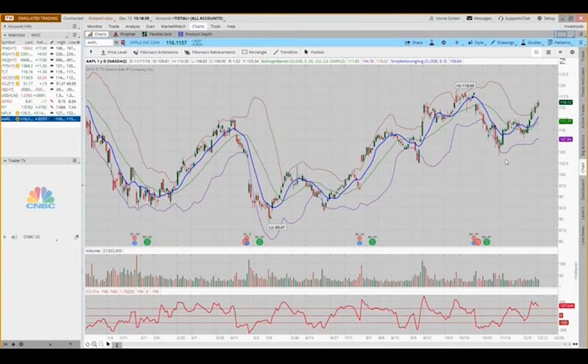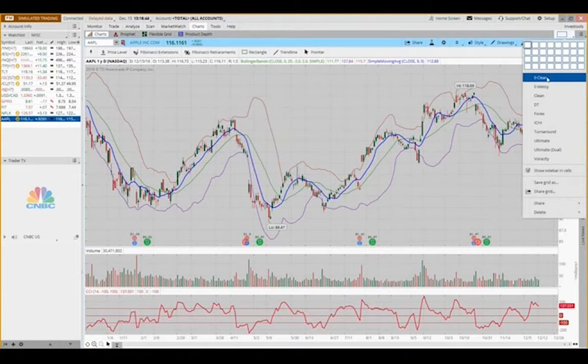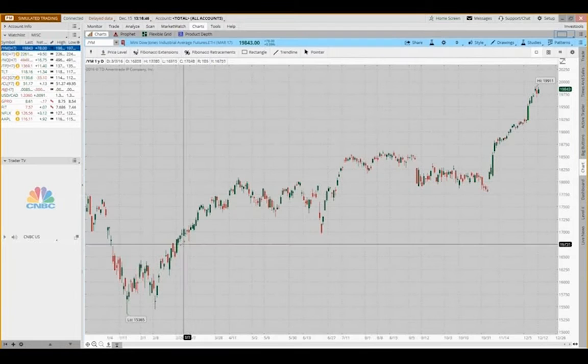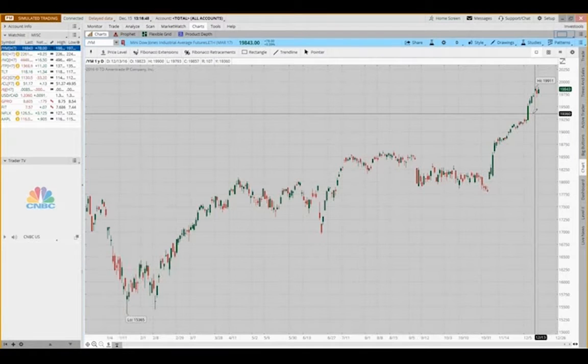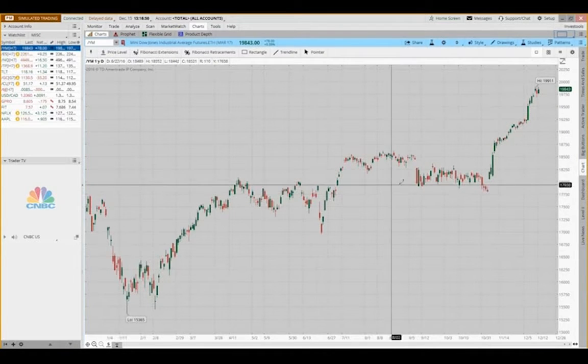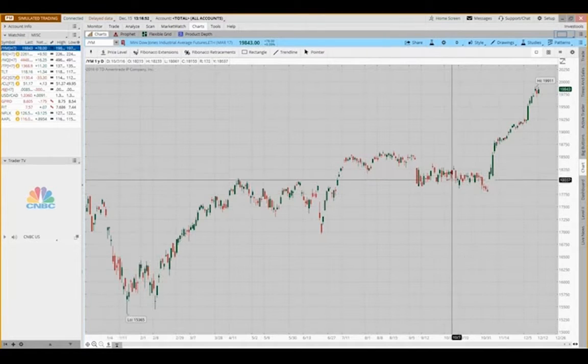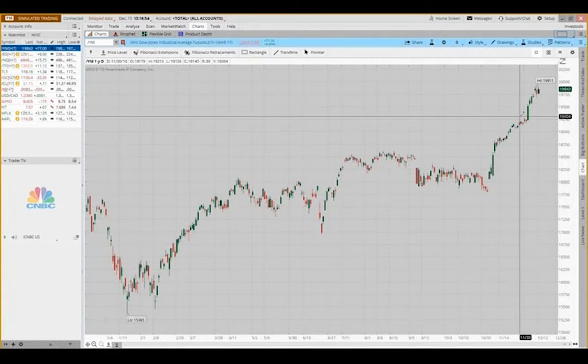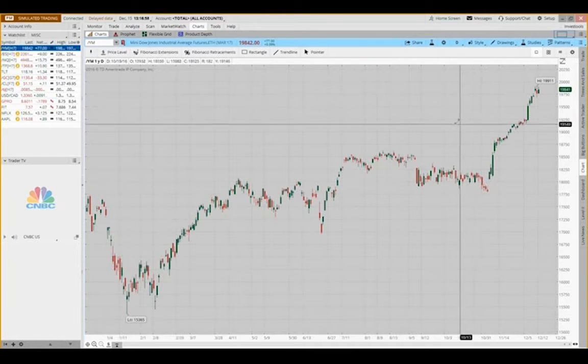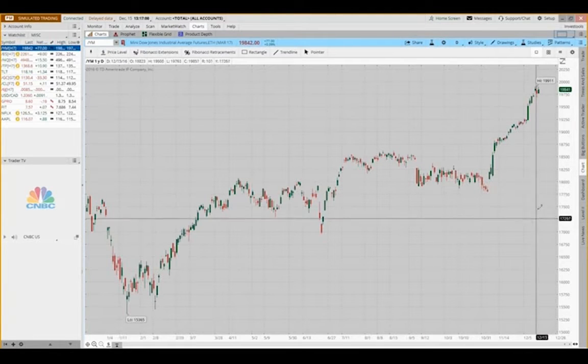But it's a real advantage when you can start off and be able to read a chart that has nothing other than the price bars on it. Okay? Once you can read a chart and know exactly who's in control at what point, adding indicators is just a bonus. Okay?